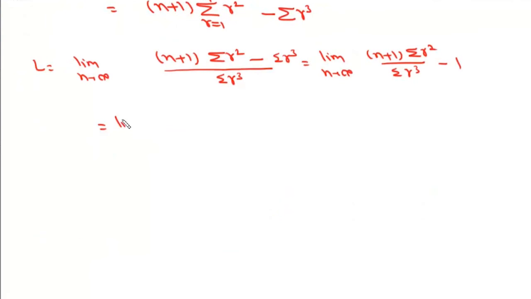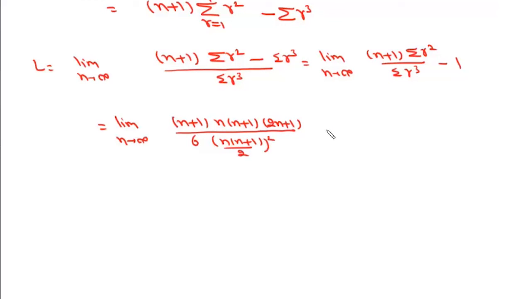Now this is limit n tends to infinite n plus 1. Now summation r square is n into n plus 1 into 2n plus 1 divided by 6, and summation r cube is n into n plus 1 upon 2 whole square, and then minus 1. Now this n plus 1 will cancel once, and this 2 will also cancel once.